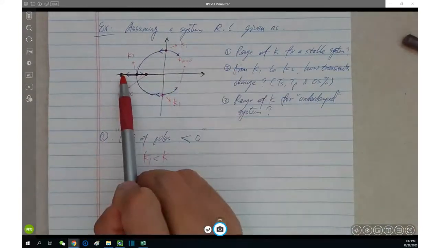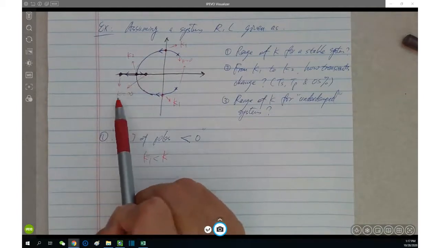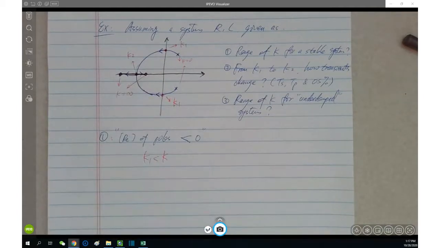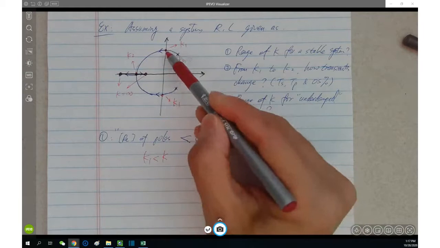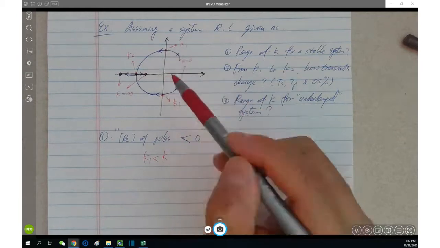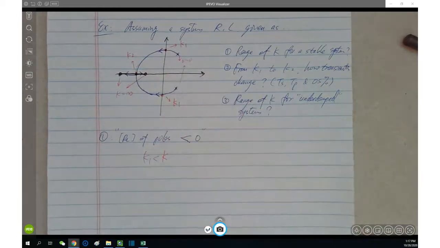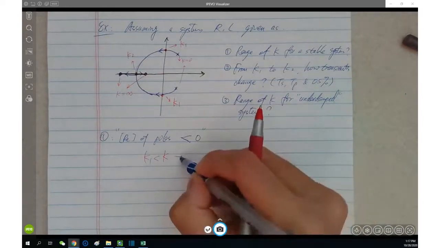These 2 are ending points. Of course, they correspond to the K value for an ending point, which is infinity, because K varies from 0 to infinity. As long as you can guarantee your K is greater than K1, which is the boundary, or say the intersection with the y-axis, the system is stable.